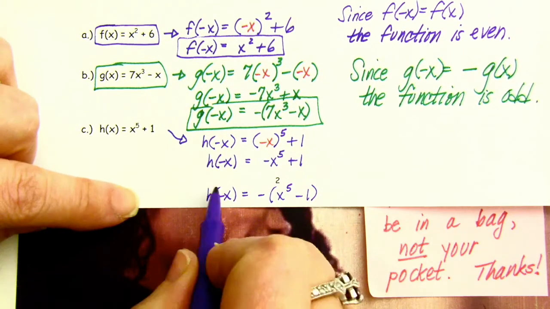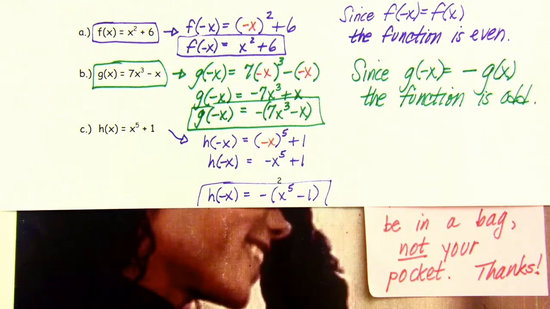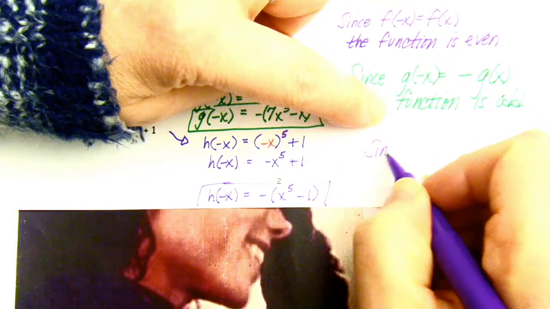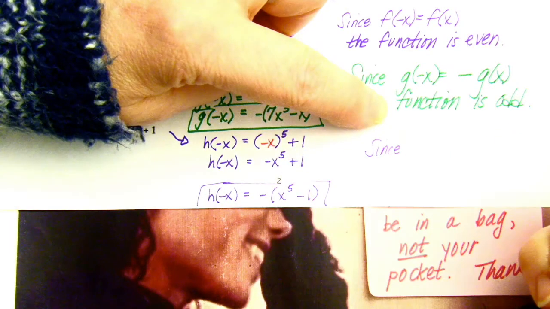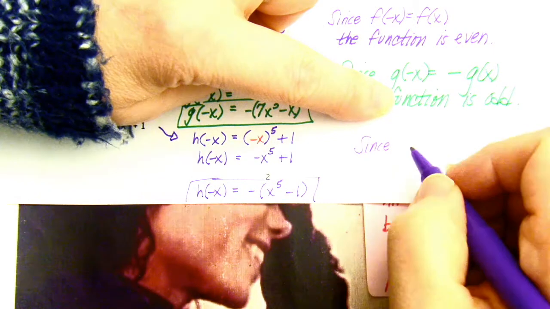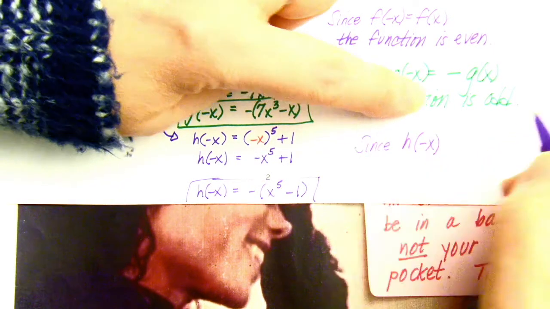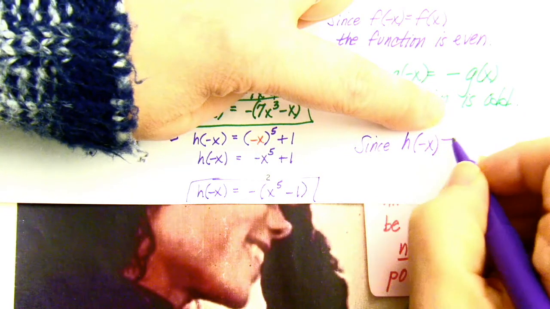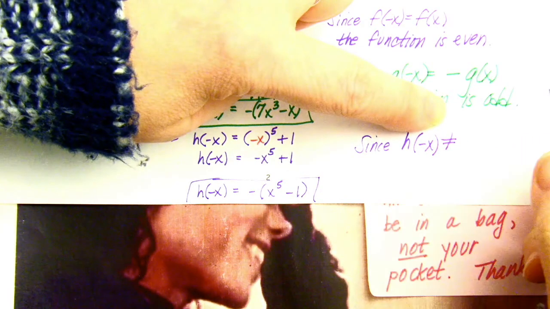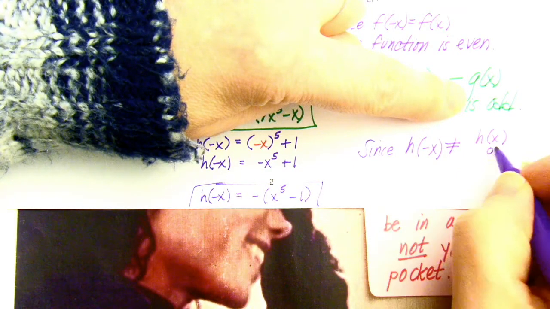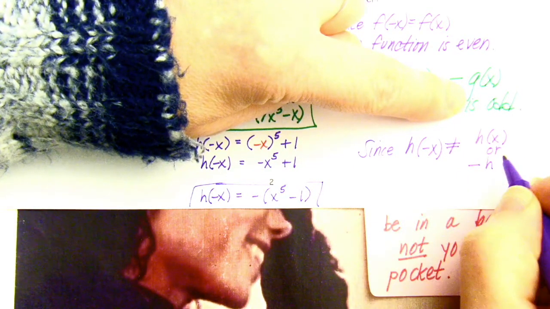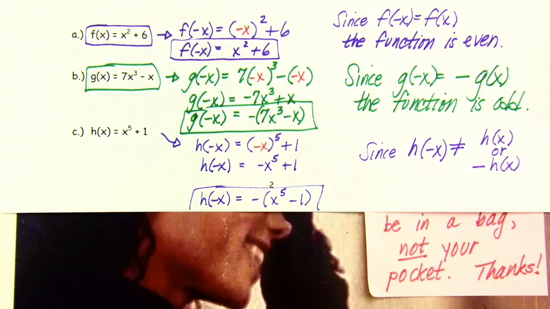So this is a situation where neither, since h of the opposite of x is not h of x or the opposite of h of x. Neither condition is true.